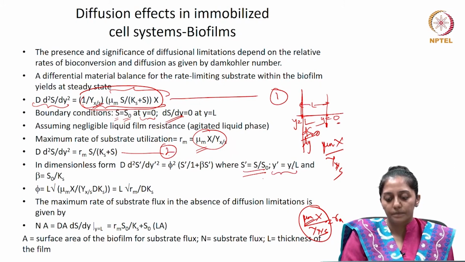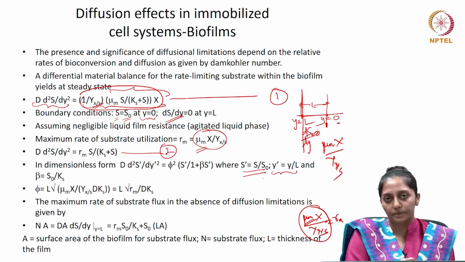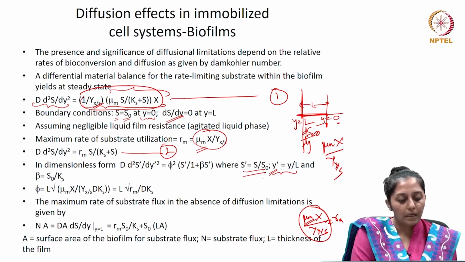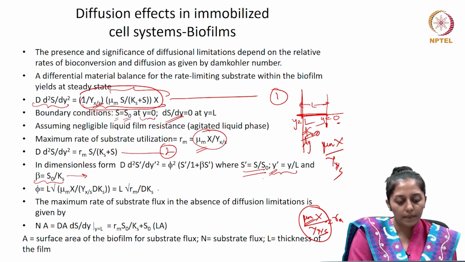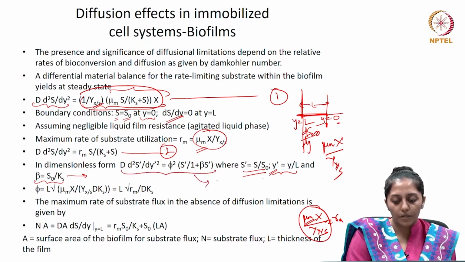Similarly, your distance travelled through the film is converted into a dimensionless variable y prime by dividing y by the length of the biofilm, the thickness of the biofilm. And another constant after doing these substitutions will come into the picture, called beta. So, your equation 2 will then take the form given here as equation 3.